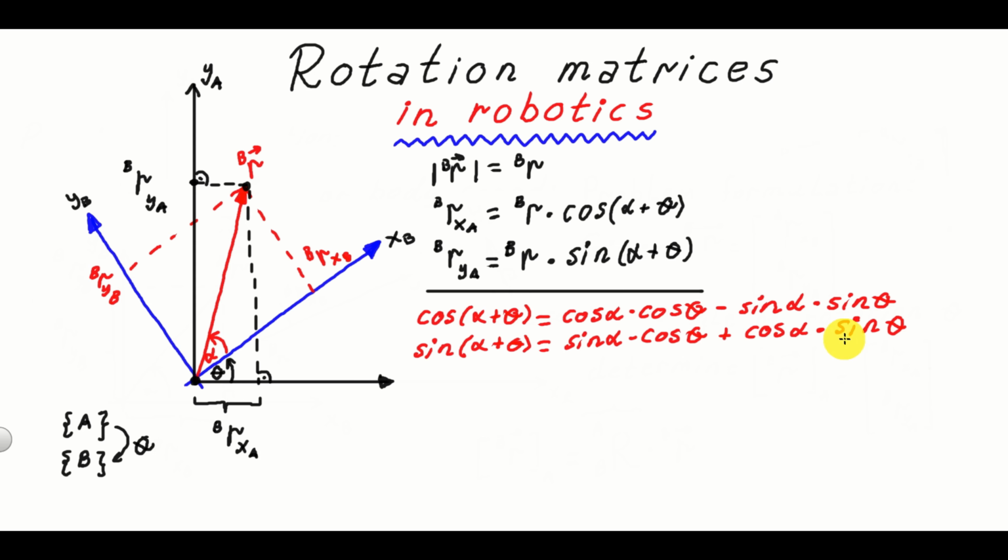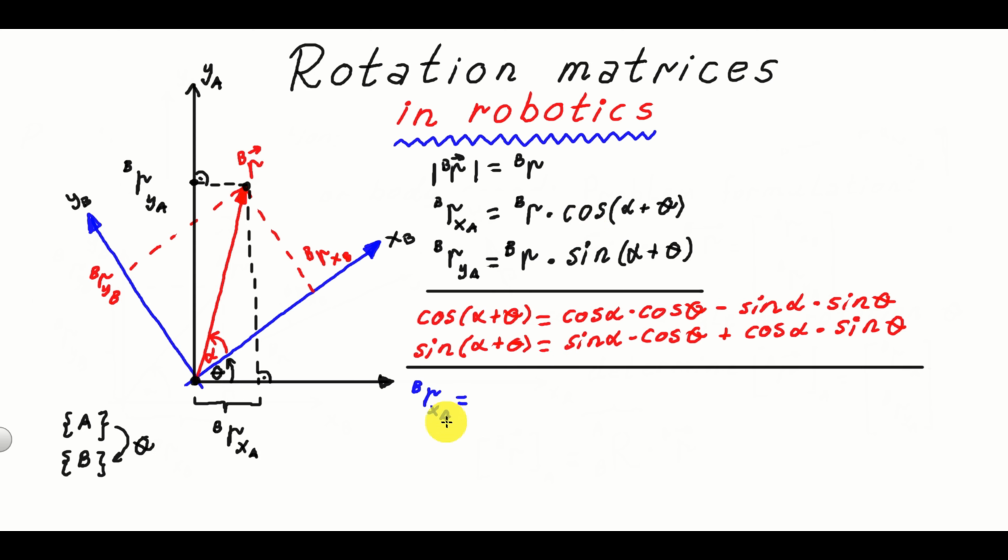And let's use these two formulas and substitute them in these two equations. Let's start with the first equation. We can write RB XA is equal to RB multiplying this term minus RB multiplying this term.